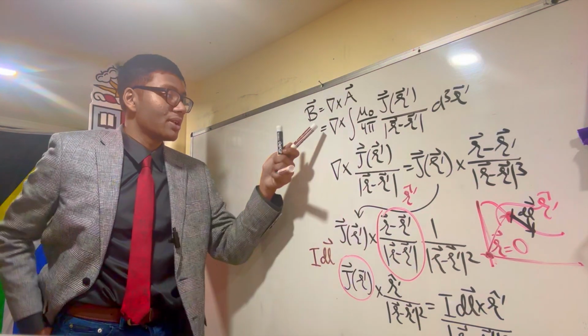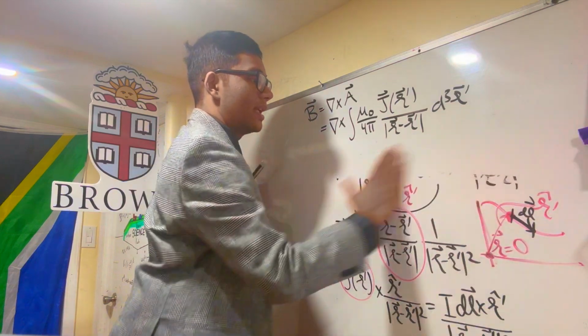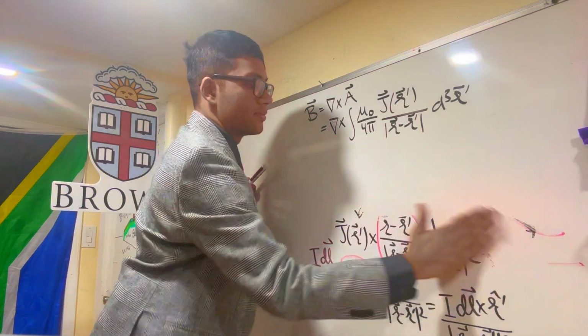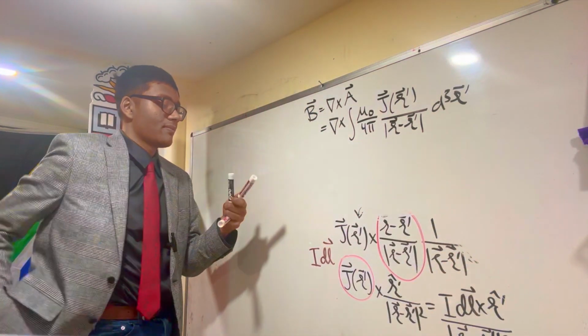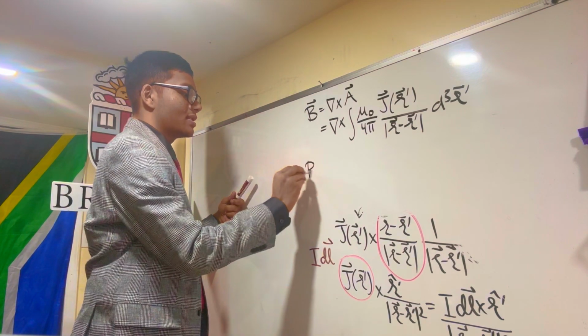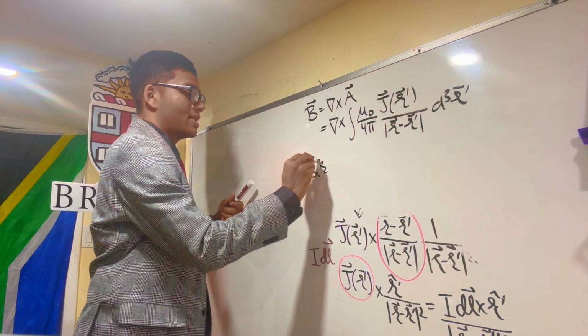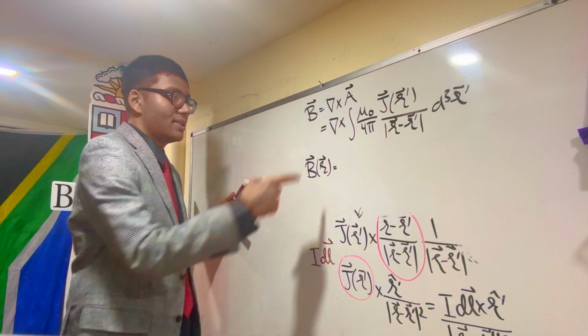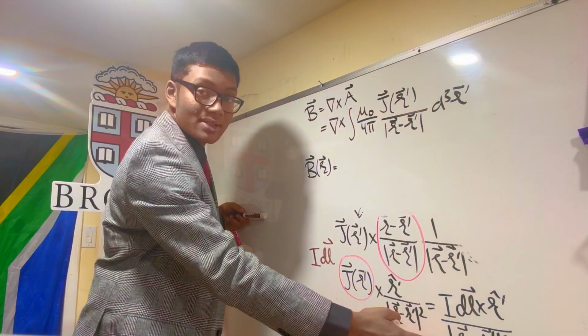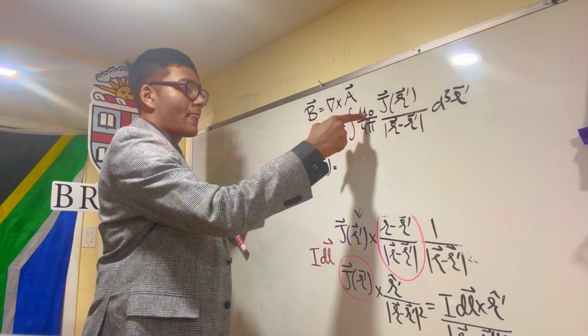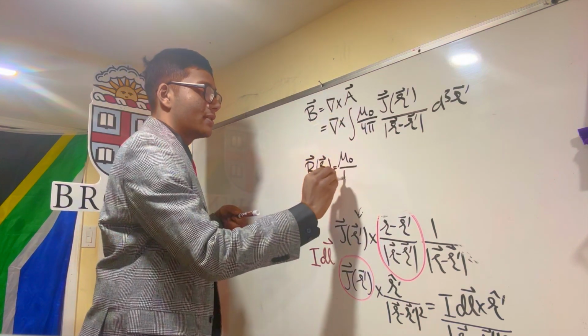So now we can just plug in what we just found into our equation for the magnetic field, and we find that the magnetic field B at some distance r from the origin is, we've already taken the curl of this integral, this is what we got. We've got our mu naught over 4 pi.